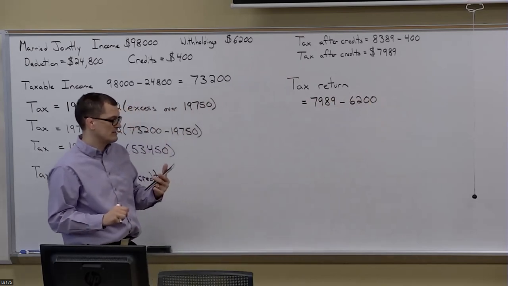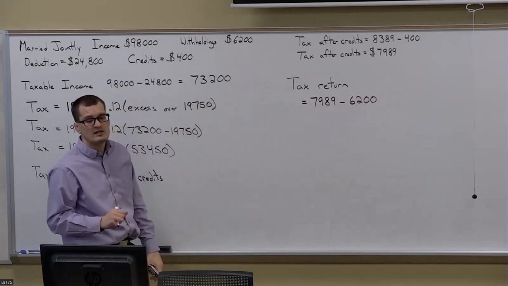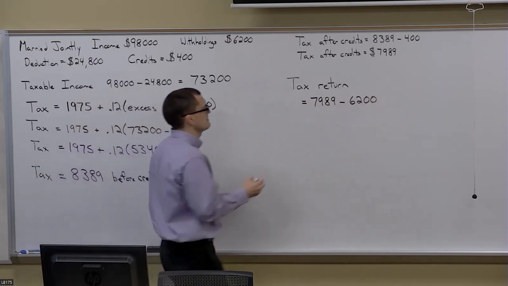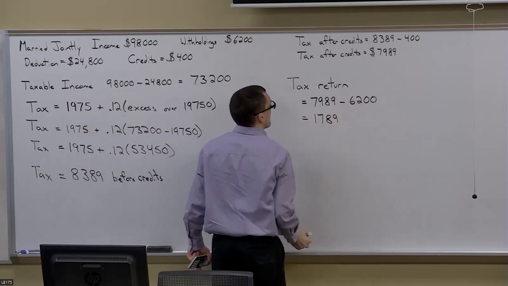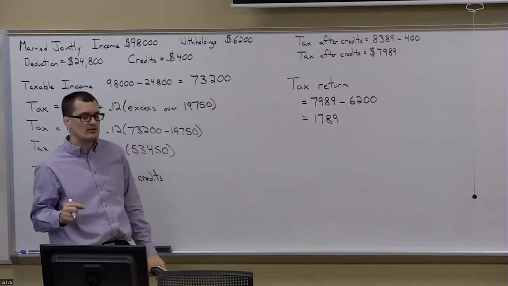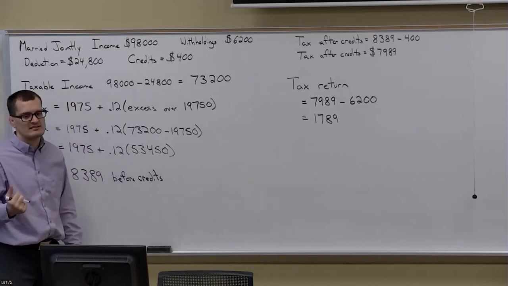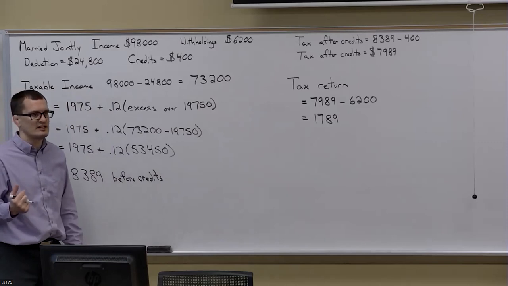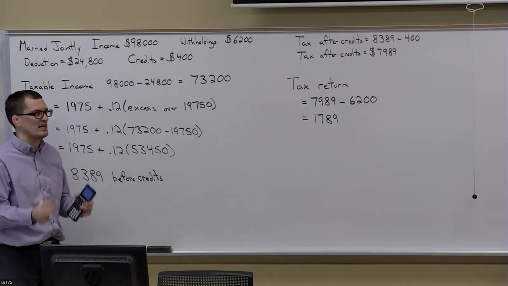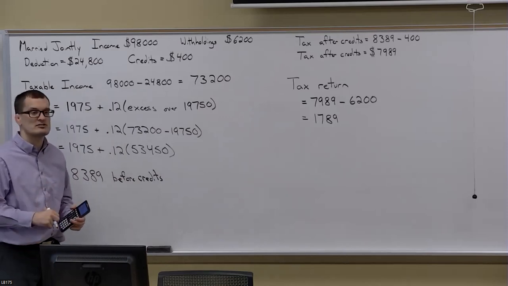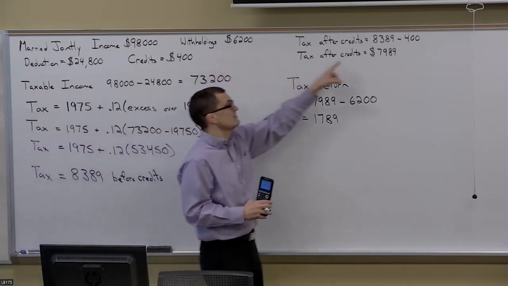It's 1,789. Do I need to pay in 1,789, or do I get back 1,789? For this married couple, do they have to pay in that much, or do they get back that much? They pay in, right? Because their withholdings were less than how much they owe.